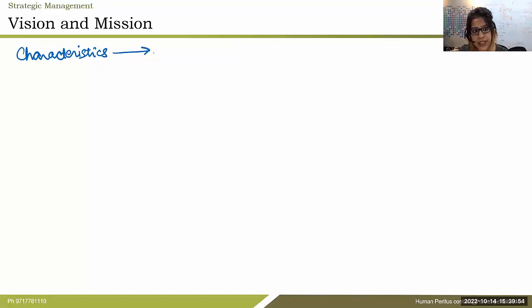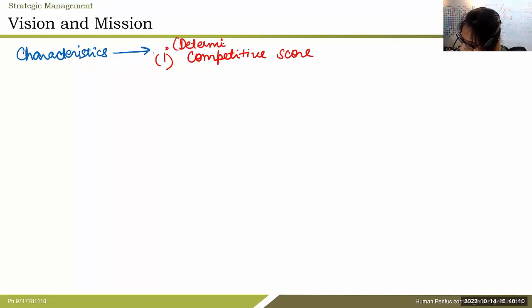So characteristics of mission would be that, number one, it should tell us about the competitive scope. It should determine the competitive scope.